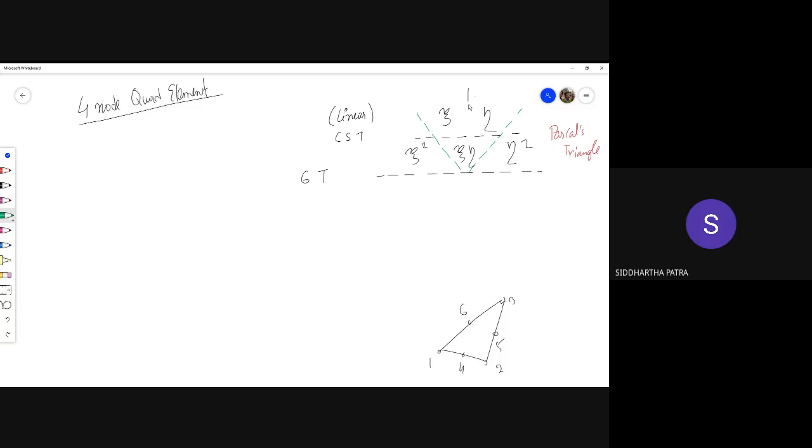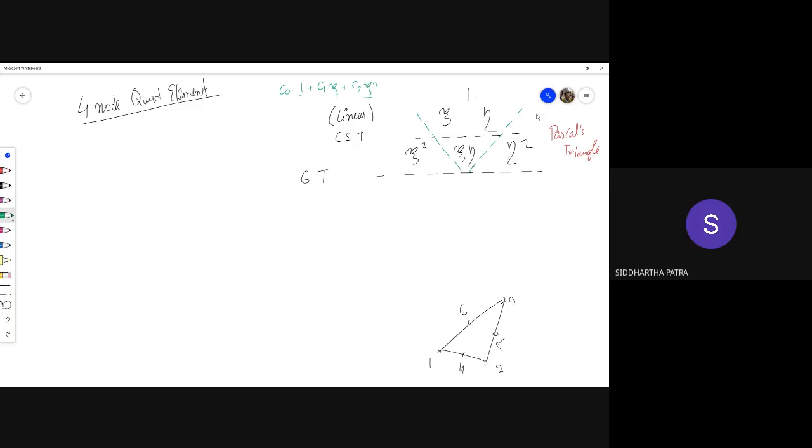Just like in 1D, if you are to work with 3 nodes, remember the 3-noded bar element, there would be 3 shape functions with terms like C0 times 1, that is xi to the power 0, then C1 times xi plus C2 times xi squared. This is how the individual shape functions must look, quadratic shape functions. So you require 3 terms for 3 nodes.